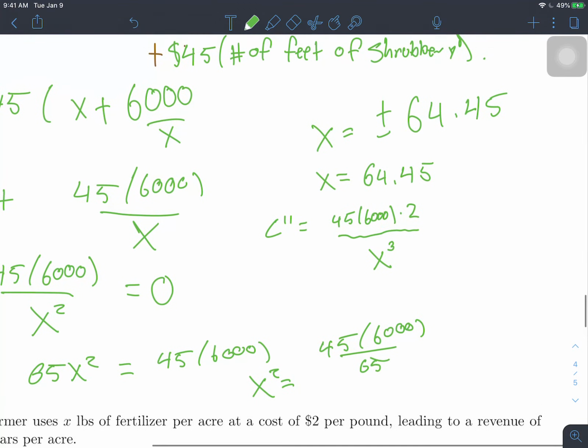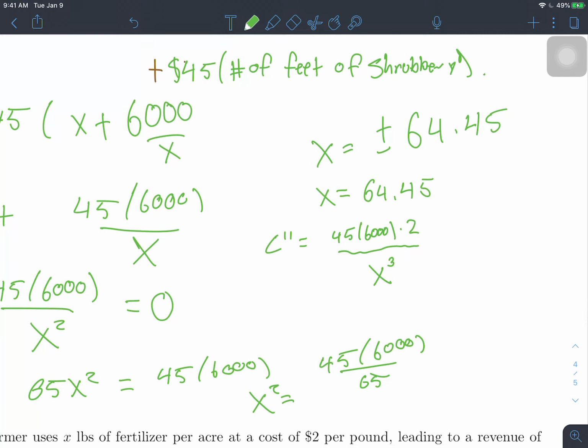And if I plug in 64.45 into this equation, am I going to get a number which is larger than 0 or less than 0? 45 times 6,000 times 2, all divided by 64 cubed.